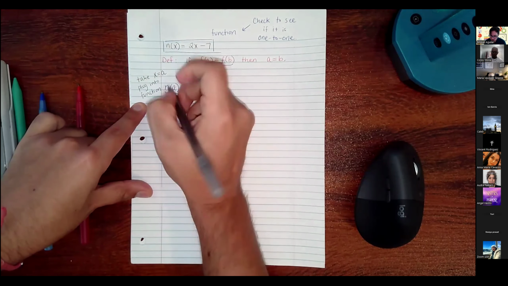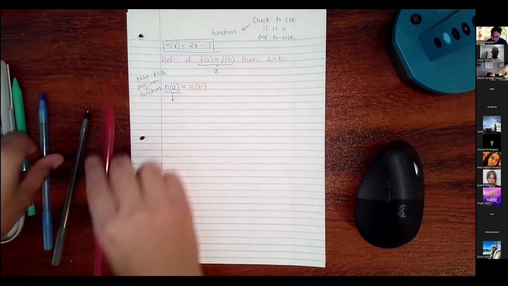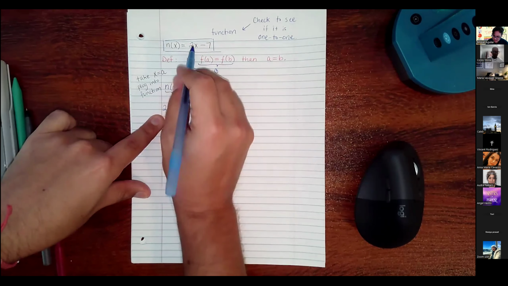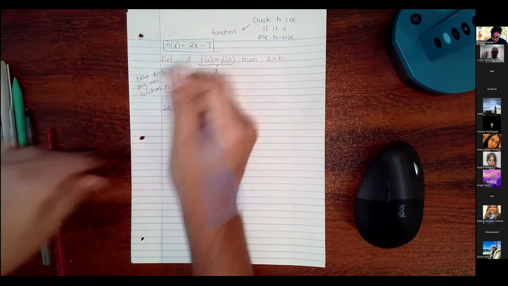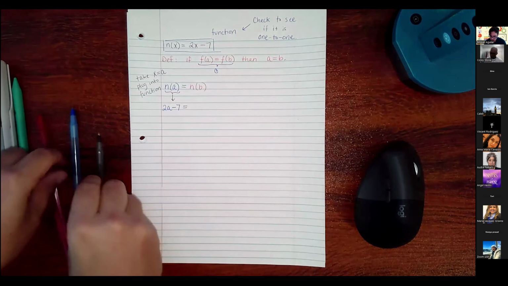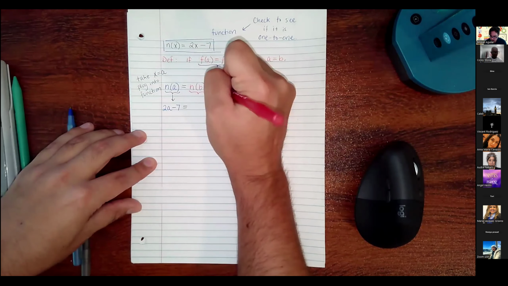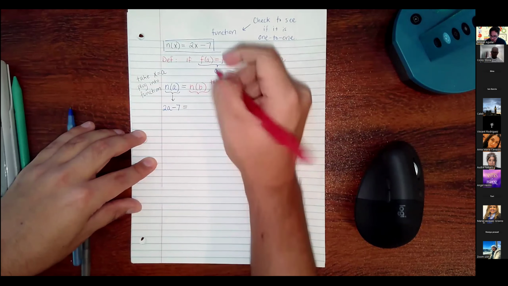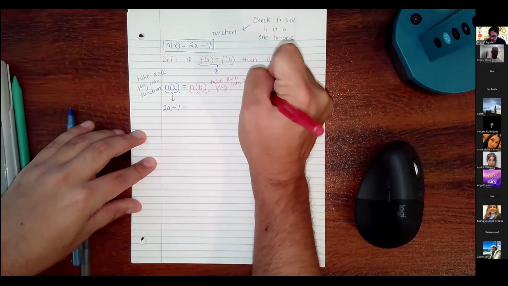So we're going to plug n of a into the function, which means I'm just going to take this part over here, the 2x, but now I'm going to replace the x with an a. 2a minus 7 is equal to, well, this one says n of b, which means we're going to take x equals b and plug that into the function.